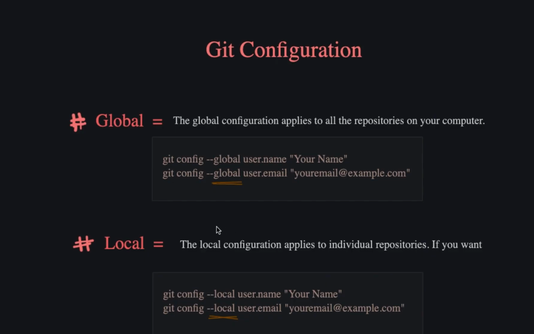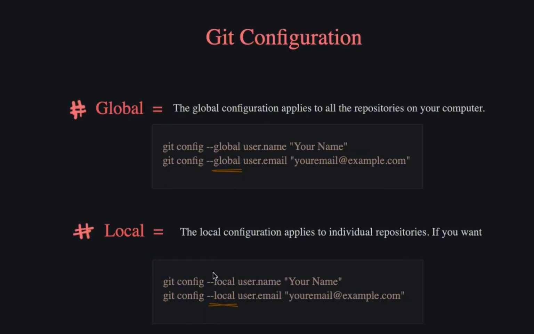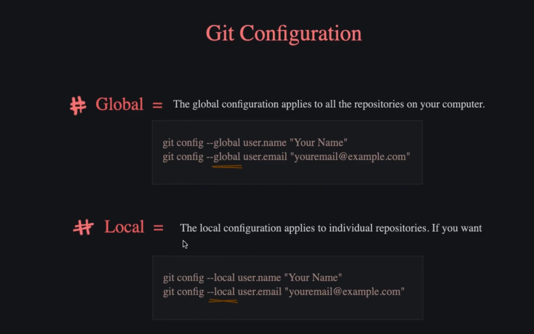The local configuration applies to individual repositories. If you want a specific setting for a single project, you will use the local config. Most developers work with the global one.